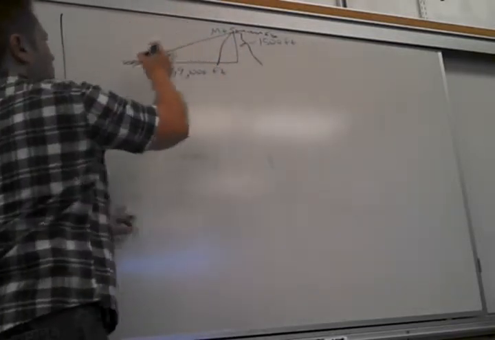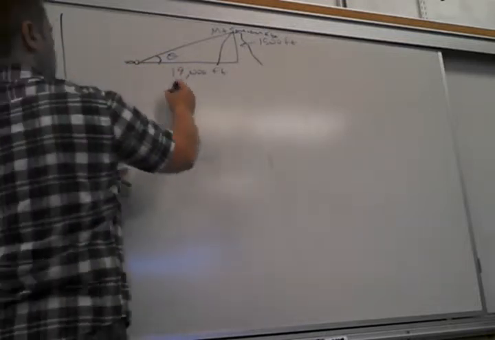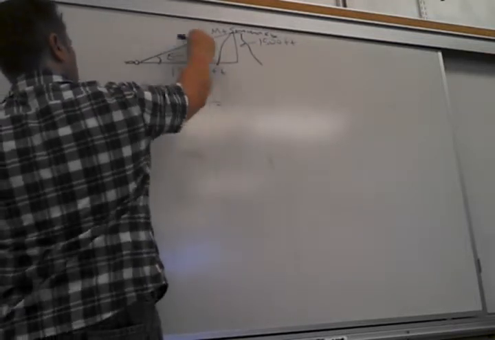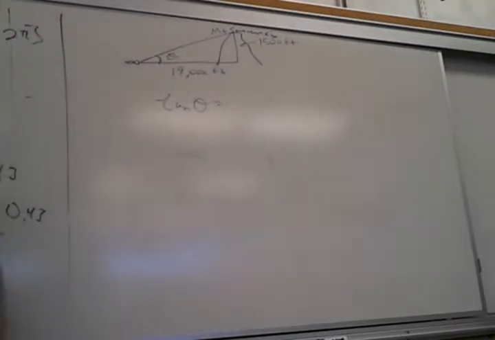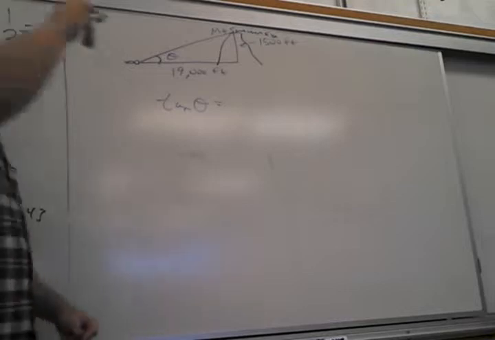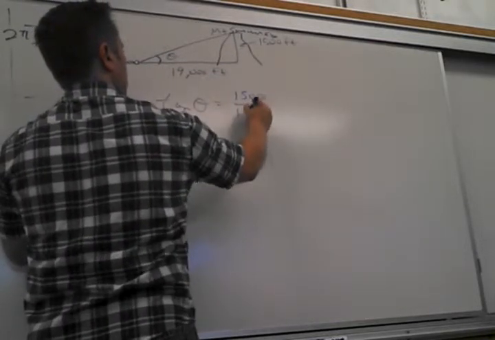If I want to know what this angle is, tangent theta relates to the sides that I know. Now, if you wanted to, you could figure this side out, but why would you? That introduces one more place you could make a mistake. I always want to use the numbers I know are right as often as I can. So the ratio would be 15 over 19,000.